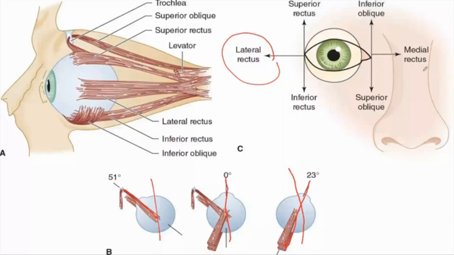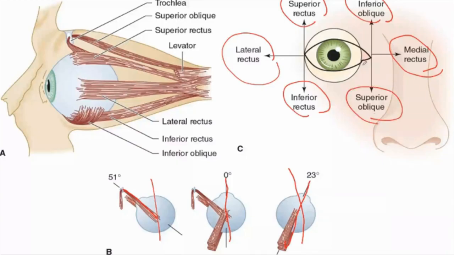When the eye is looking medially, the eye will be withdrawn medially by the action of medial rectus. Both the inferior oblique and the superior rectus are elevators, while both inferior rectus and superior oblique will be depressors. So both of these muscles will pull the eye upward, and both of these muscles will pull the eye downward.